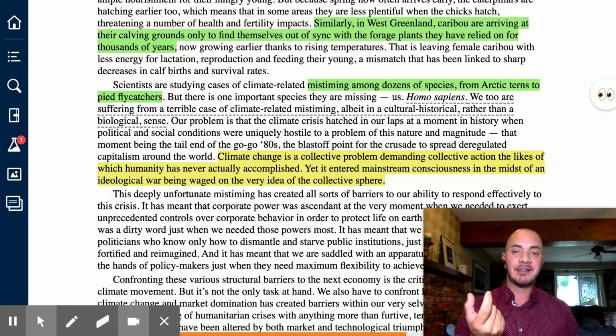But then she shifts, and when she begins talking about human beings, she says our mistiming happens in the way that here is a social and political crisis dealing with climate change, but it's happening in a time period where universally human beings don't have the appetite for collective action or collective response to a problem that is this great.